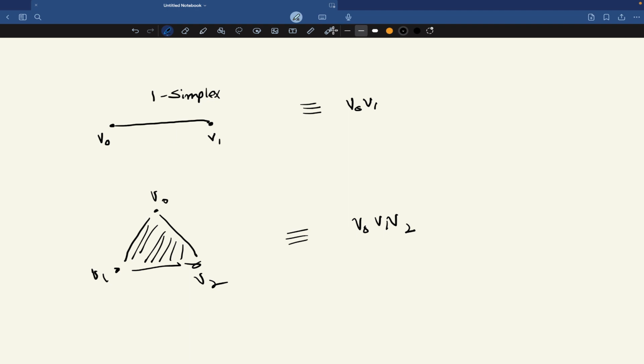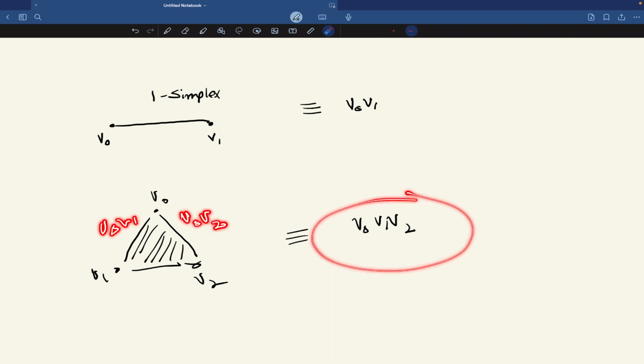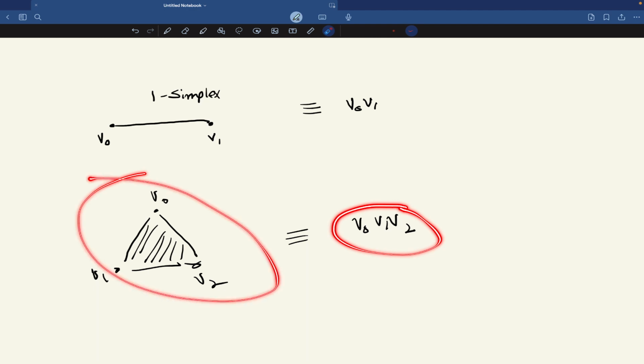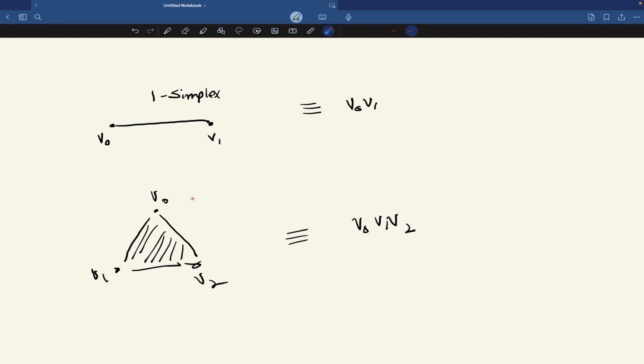So when I write V0, V1, V2, it automatically means that V0, V2 is included, V0, V1 is included, V1, V2 is included, individual V0 is also included, individual V1 is included, and individual V2 is also included. So instead of writing the whole subset, I can just simply write this to denote this simplex. This is my two simplex.